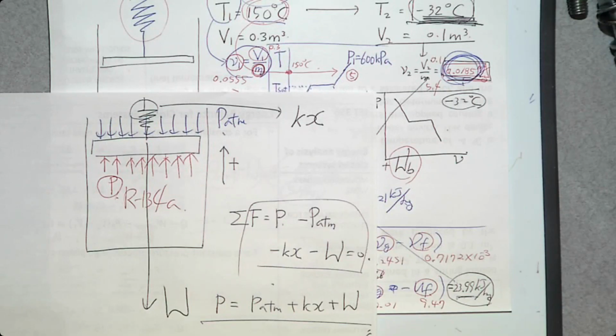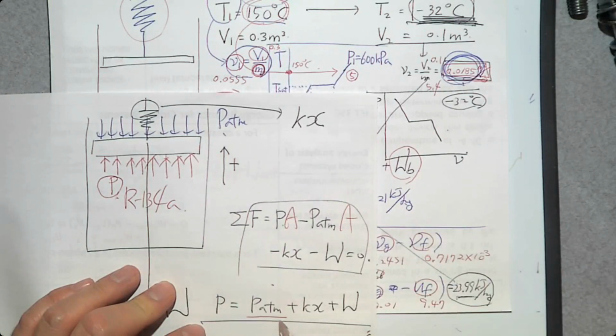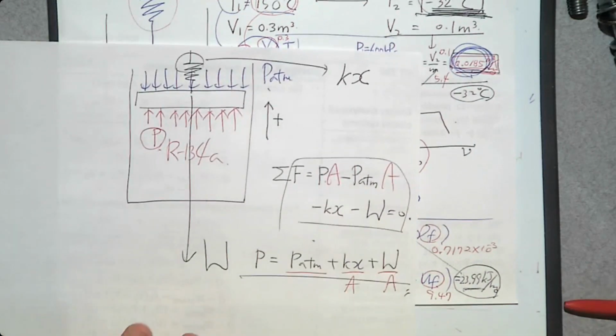Newton? No. Yeah, now you see the units are different. So this is not a force. This is pressure. How can you convert this pressure into a force? Multiply by area. Then if you divide by area, there's an area.